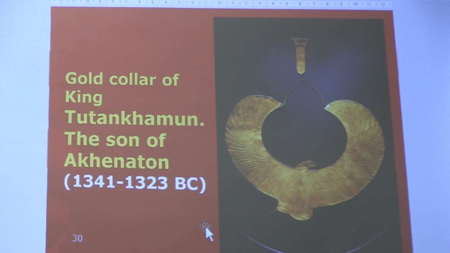Now, this is a gold collar of Tutankhamun, his son. When Akhenaten disappeared, probably killed, there is a doubt that possibly Nefertiti became the pharaoh of Egypt for a short time. But probably she was killed also. We don't know.